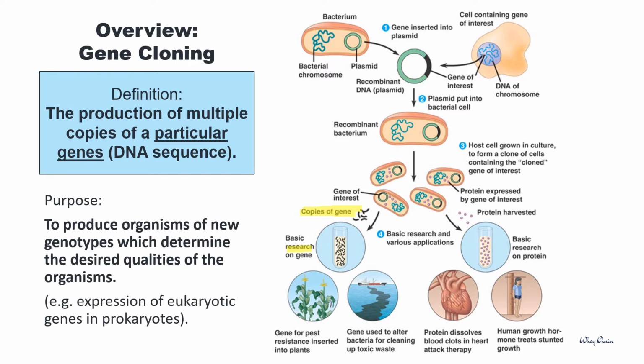Other than this, the whole bacterial cell will express the genes, which means they are able to produce the products encoded by the genes, which are proteins. And the proteins can be harvested or extracted from the cytoplasm, purified, and commercialized.